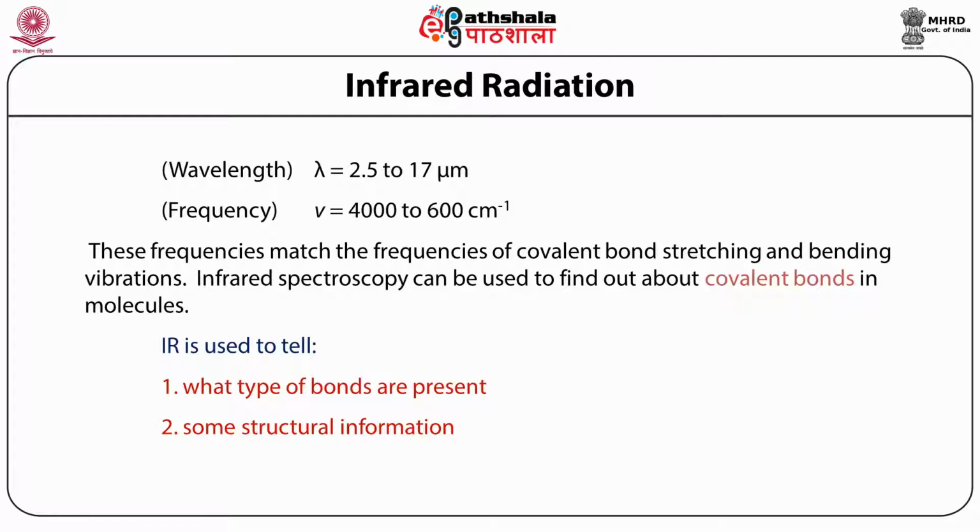Infrared spectroscopy can be used to find out about the covalent bonds in a molecule. It tells you what type of bonds are present in a molecule, and based on that you can gain some insight into the structural information of the molecules under investigation.